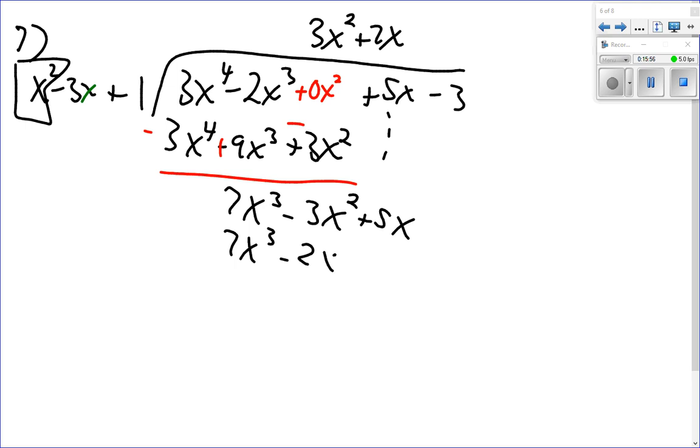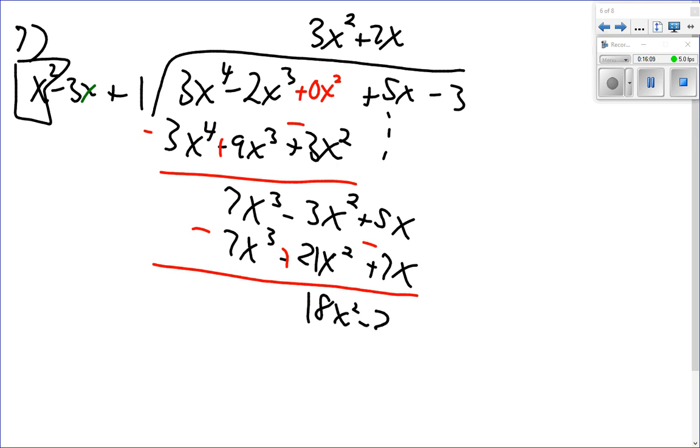Minus 21x squared plus 7x, which I subtract, giving me 18x squared minus 2x minus 3. All right, multiply by, in the last step, just 18.